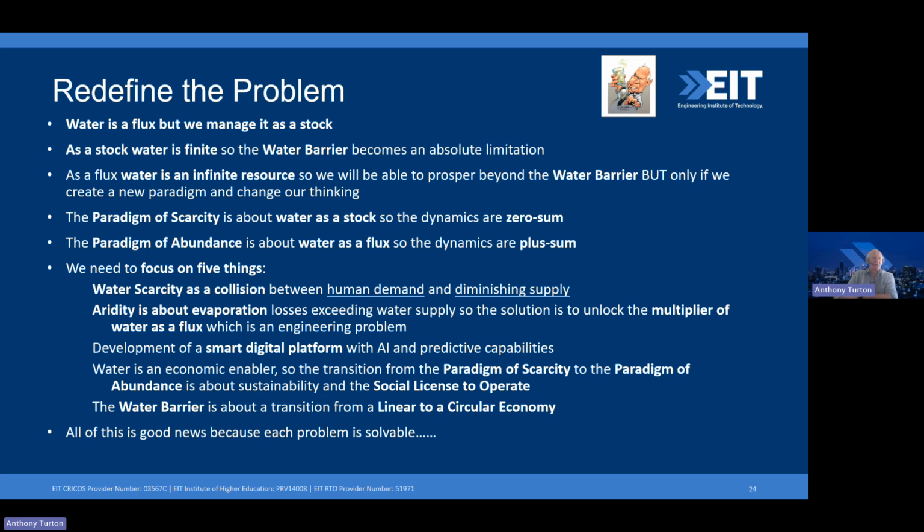And I think from a career development perspective, if you think about water as a flux, but we currently manage it as a stock, there are major career opportunities in that space. As a stock, water is finite, so the water barrier becomes an absolute limitation. But as a flux, water is an infinite resource, so we are able to prosper beyond the water barrier.